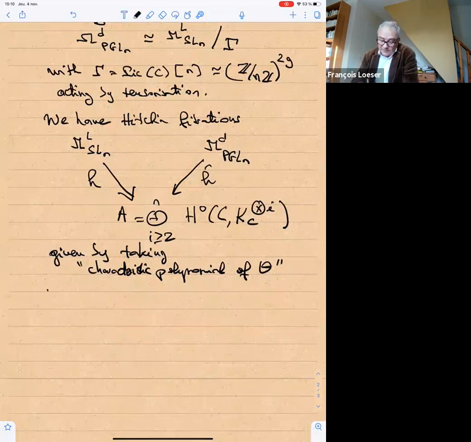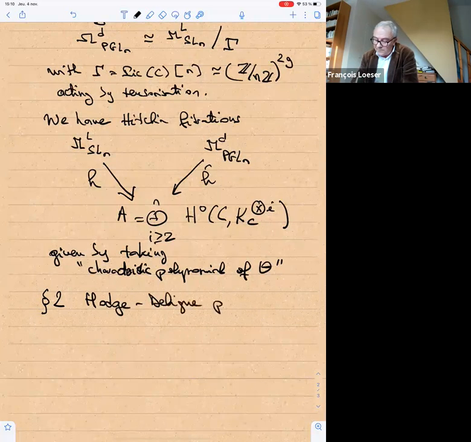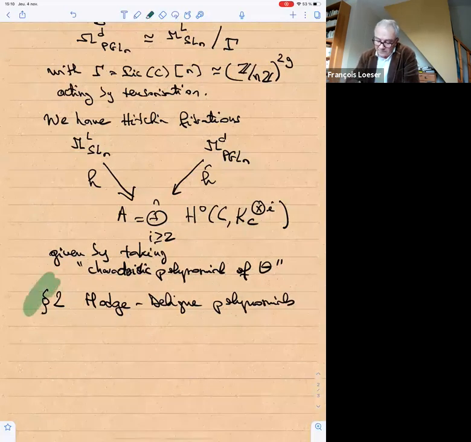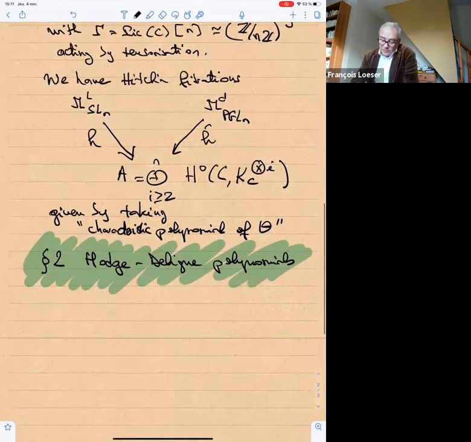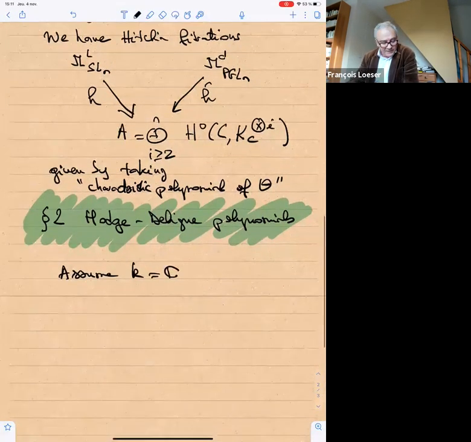Now I have to introduce Hodge polynomials. Let's assume K is C for simplicity.